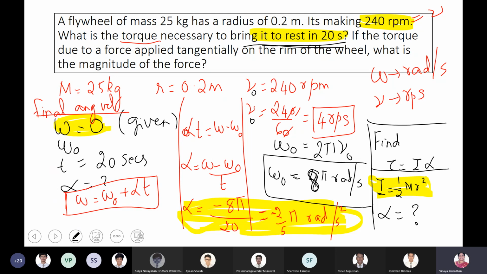I is half, m is 25, into 0.04. So find the torque, boys. What is the value?